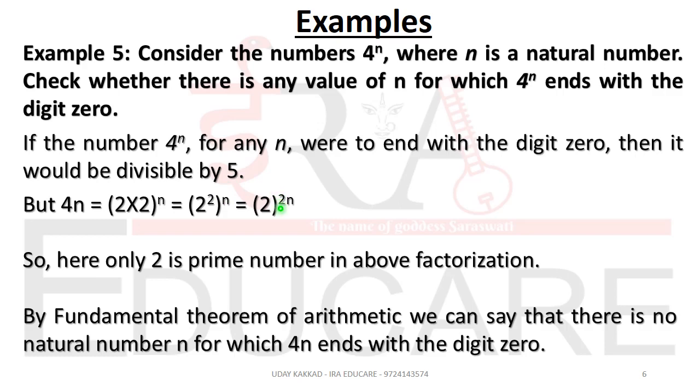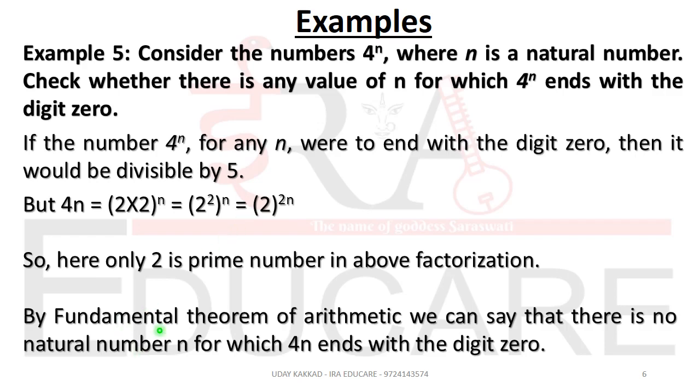Now 2 is a power and n is a power, so I will multiply both the powers, so I got 2 raised to 2n. So by factorizing this number, I always get the number 2 but not 5. So here only 2 is the prime number in the above factorization.